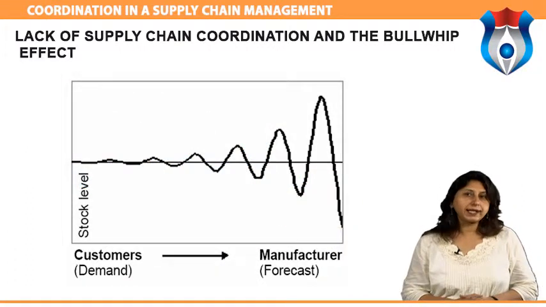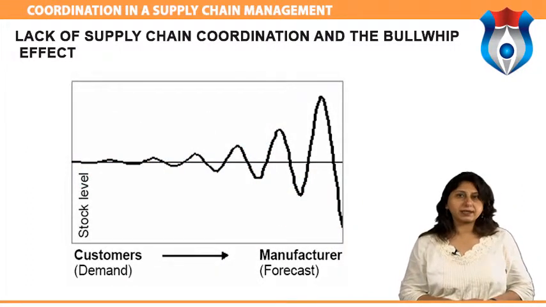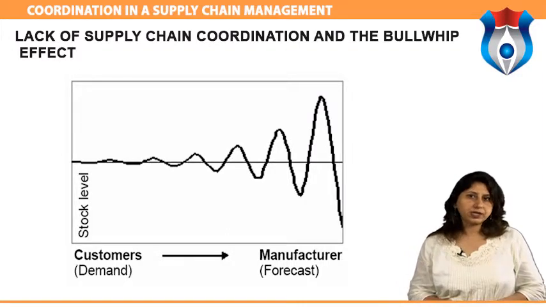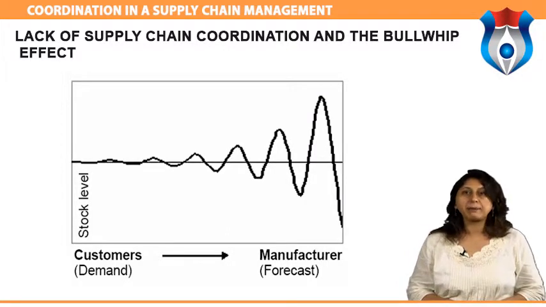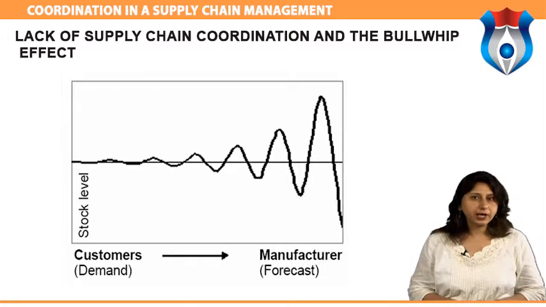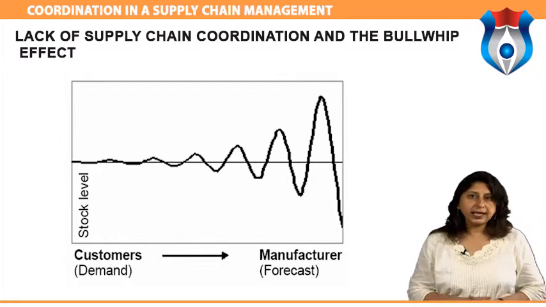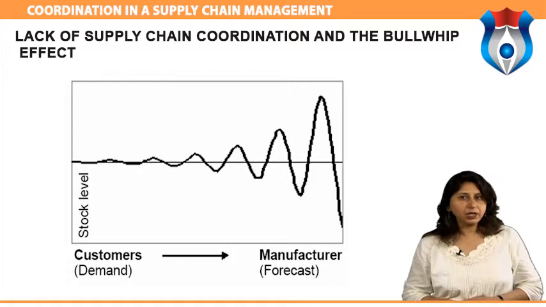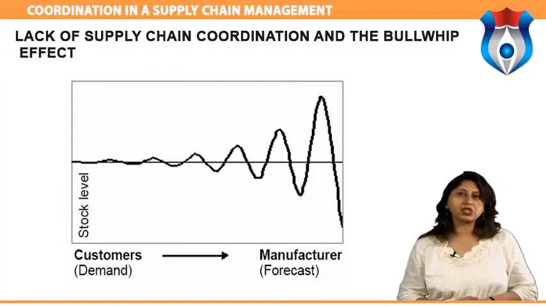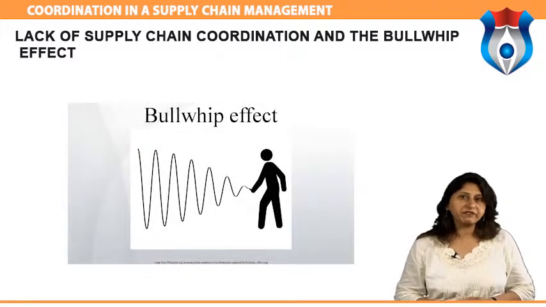The effect of lack of coordination on performance: manufacturing cost, inventory cost, replenishment lead time, transportation cost, labor cost for shipping and receiving, level of product availability, relationships across the supply chain.